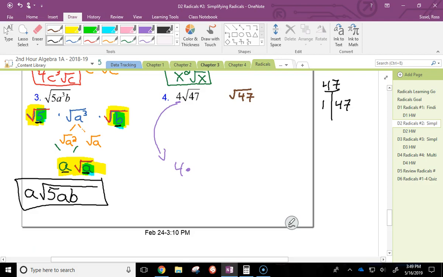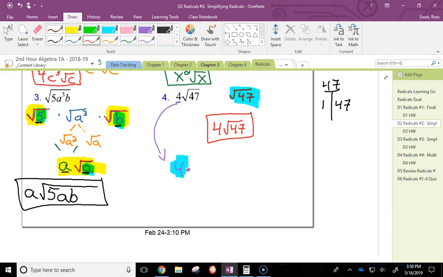So if it's a prime number, I don't have a perfect square, which means that is already simplified. That's already on the outside. My final answer is 4 times the square root of 47. We didn't change it at all. Sometimes we will get these radicals that are already simplified.